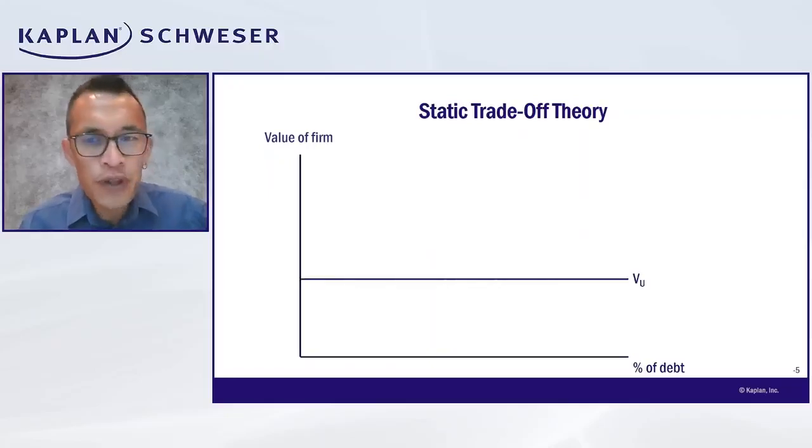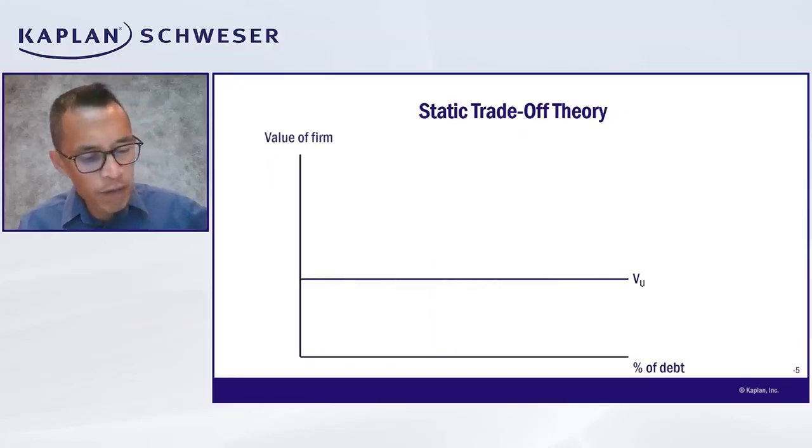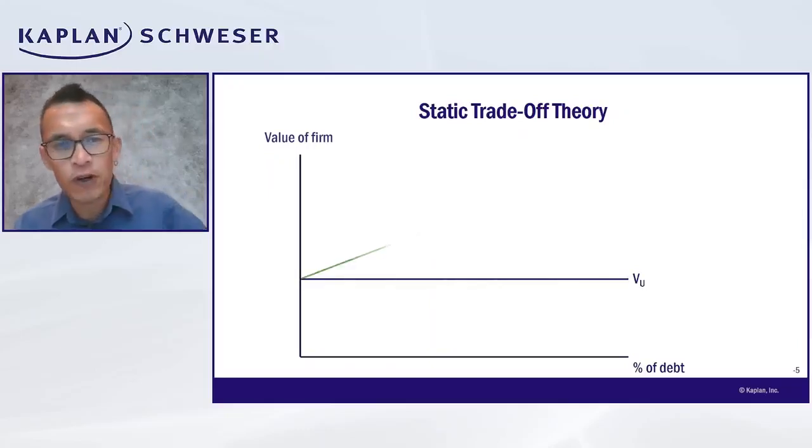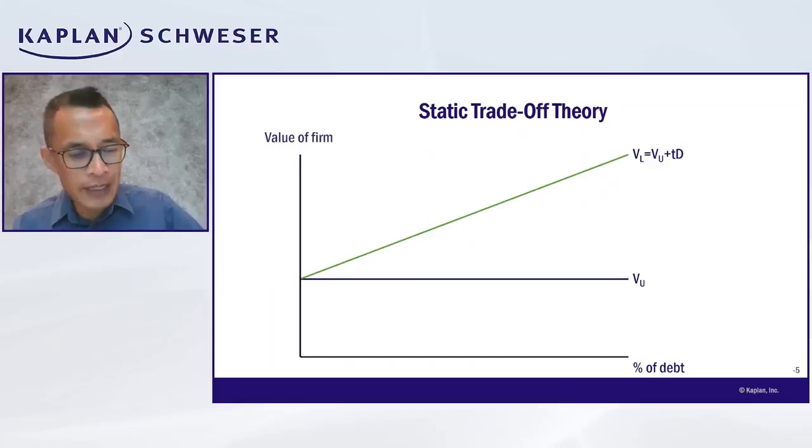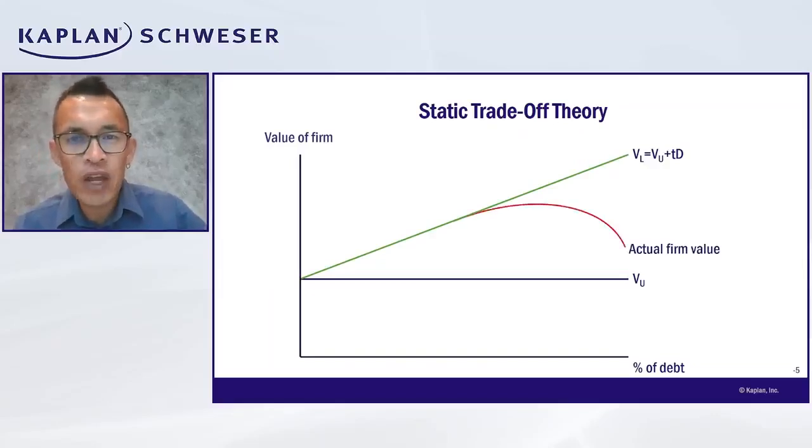Okay, so the value of a levered firm is greater than the unlevered firm, right, as illustrated with the green line, but only up to a certain point, right? Now, with the introduction of the red line, you can see that there comes a certain point. You can think of it as diminishing returns or whatever.